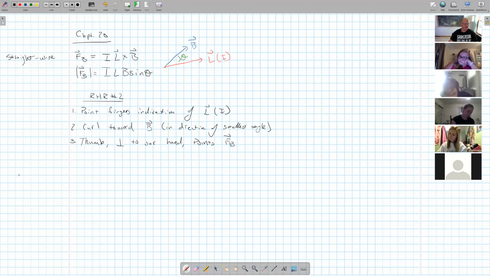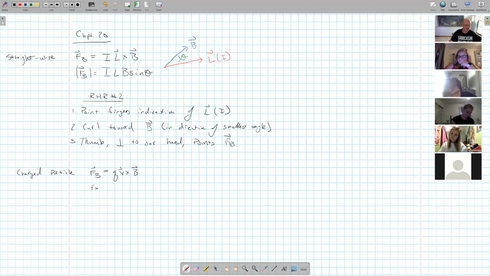We also looked at the force on a charged particle. So for a charged particle, we said that the force is equal to Q times the velocity crossed by the external magnetic field.